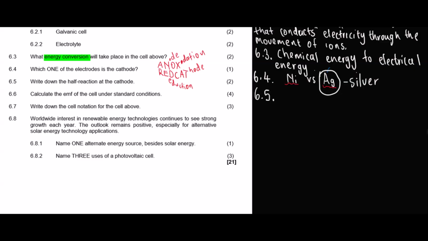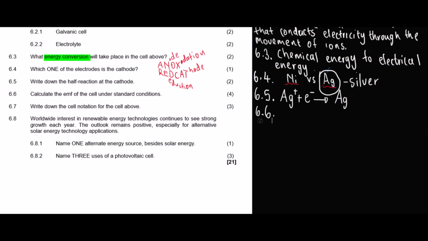That is the reduction reaction taking place in that cell. 6.5, we're moving. Let me write it down here: Ag plus e minus gives Ag, silver. Right, good. Let's now move on to the next one.